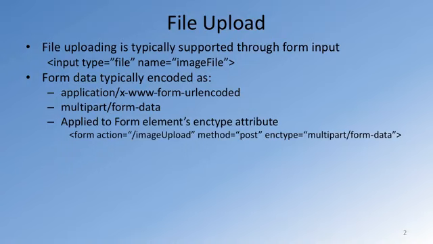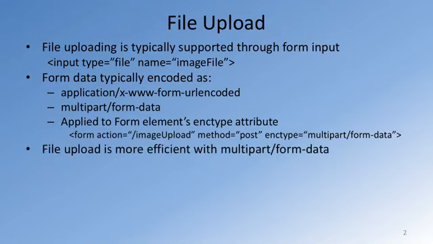So the corresponding method would be post, and the encoding type, you will set it to multipart/form-data within your form. So this means that the form elements will be encoded into that encoding type and then uploaded to the server side. File upload is more efficient with multipart/form-data, and hence that is the preferred approach that we use for uploading files.